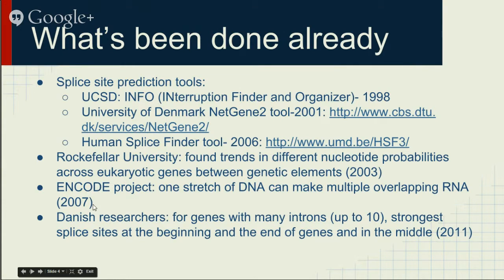Their work is ongoing, but in 2007, they made known that one stretch of DNA can make multiple overlapping RNAs. And then some Danish researchers noticed a few years ago that genes that have a lot of introns have stronger splice site signals for the introns toward the ends of the genes than in the middle, sort of a reverse bell curve.